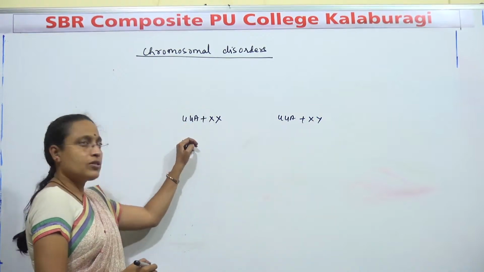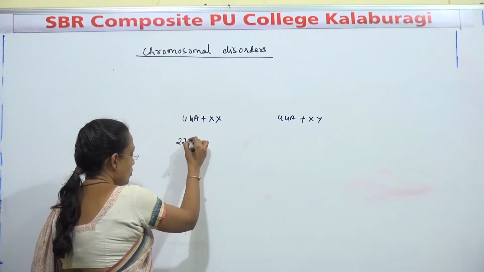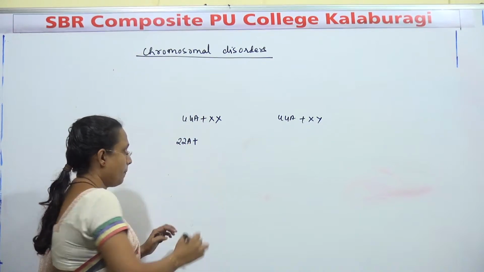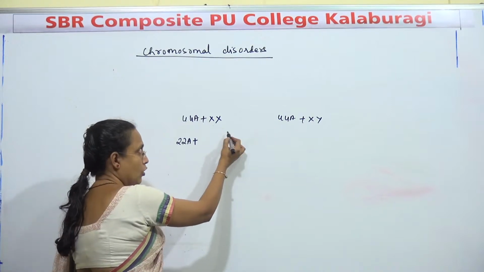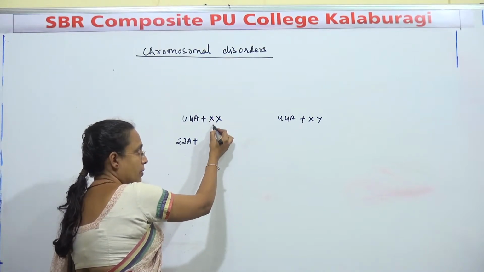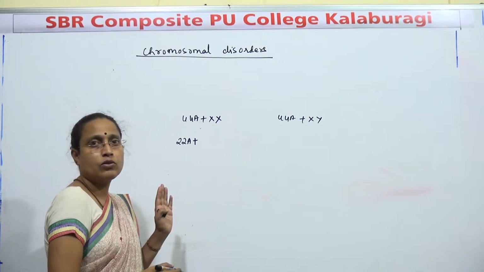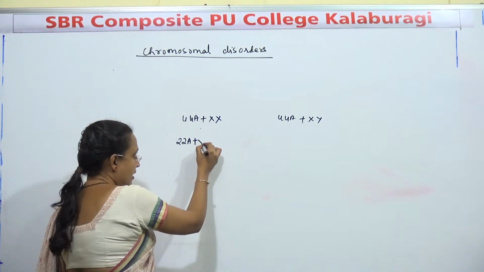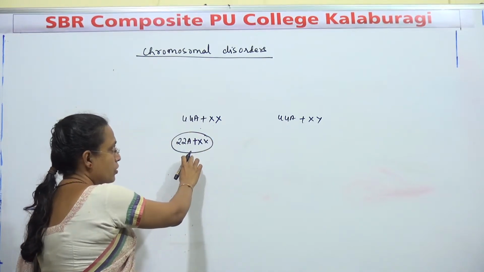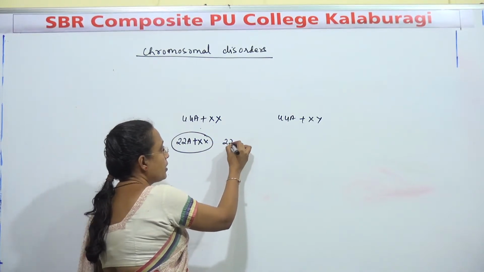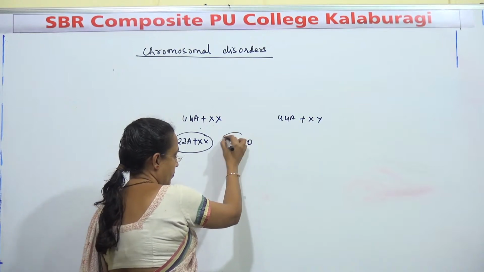Now, when meiosis occurs, instead of segregating normally, these two X chromosomes don't get separated. So there is non-disjunction. In that case, one gamete ovum will be 22A plus XX, another will be 22A plus nothing.